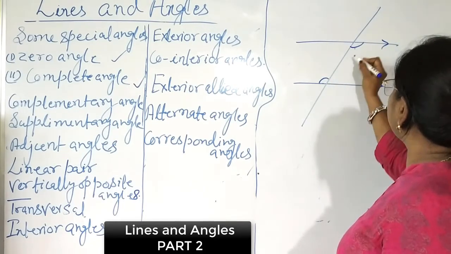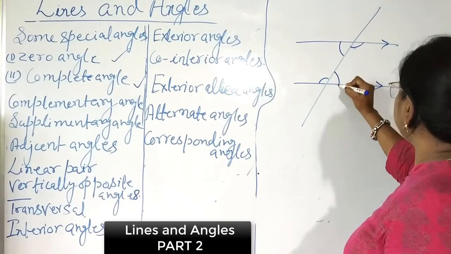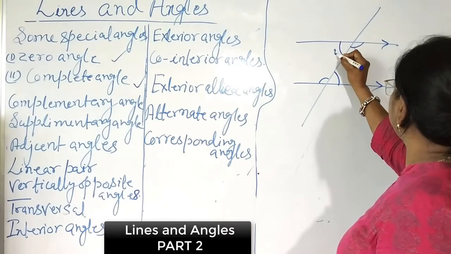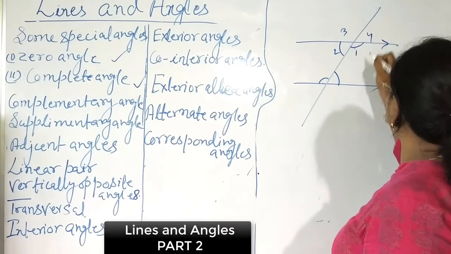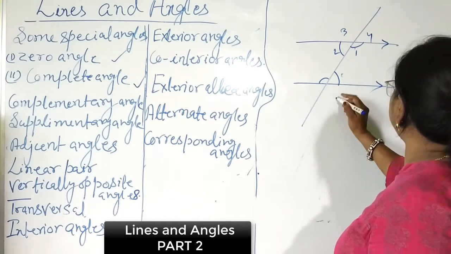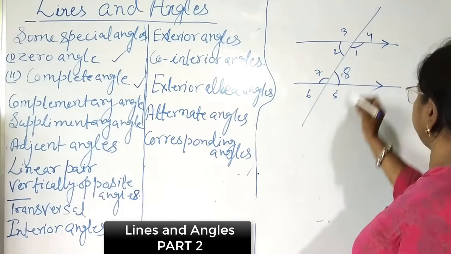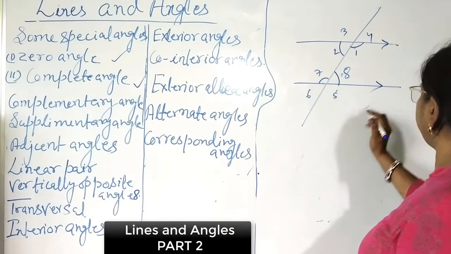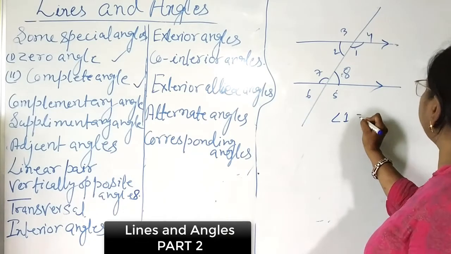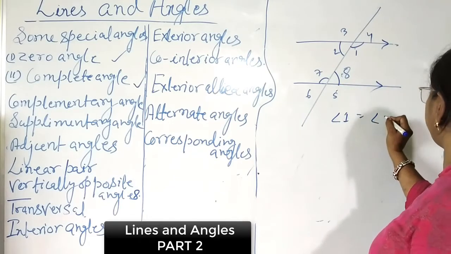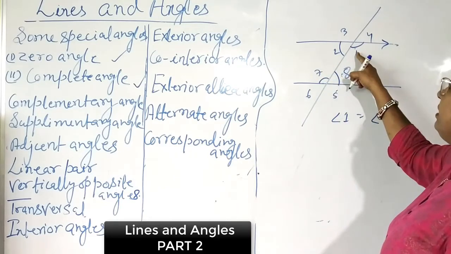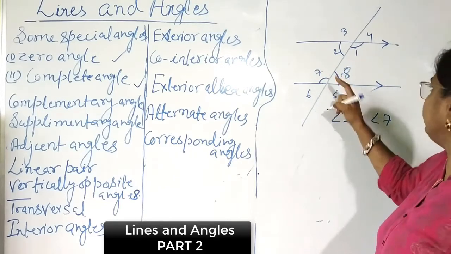These two are equal and these two are equal. Angles 1, 2, 3, 4, 5, 6, 7, 8. If both lines are parallel, then angle 1 will be equal to angle 7. Alternate interior angles are equal to each other.